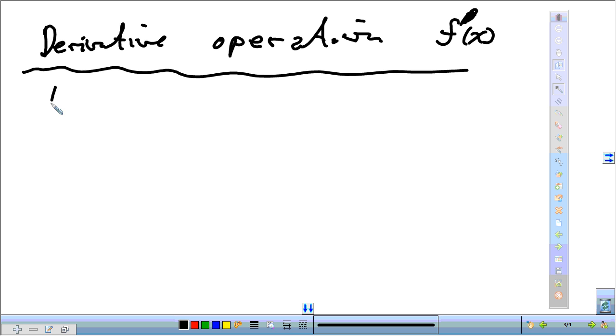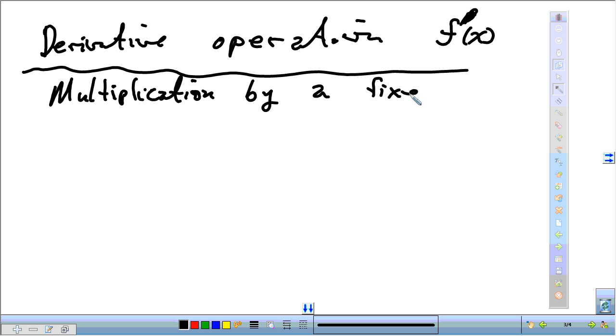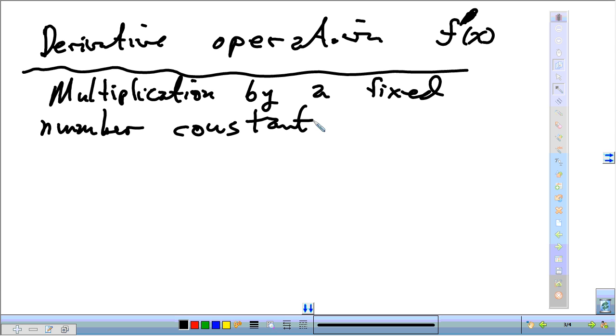And so multiplication, multiplication by a fixed number constant.